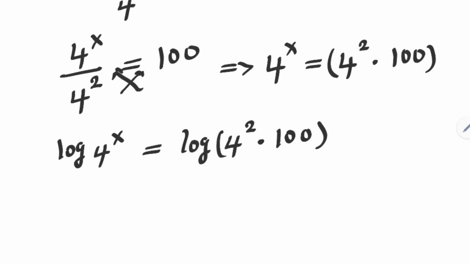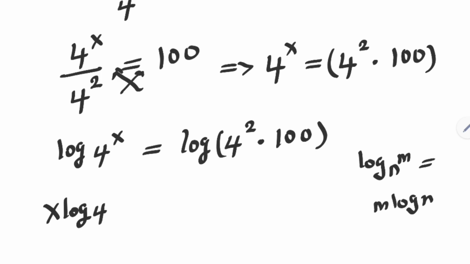Then if you have log n raised to power m, this is equal to m log n. Then this can be written as s log 4 is equal to log 4 square multiplied by 100.